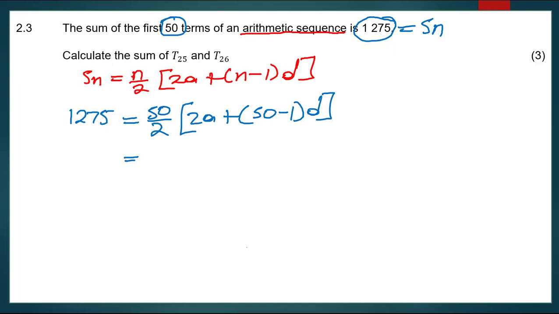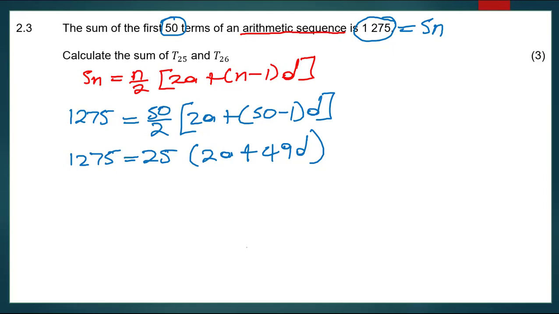Simplifying this, you will end up having 25. So the sum will remain the same, and in brackets you will end up having 2a plus 49d. Where did I get 49d? You simply took the 50 and you minused 1, so 50 minus 1 gives you 49.